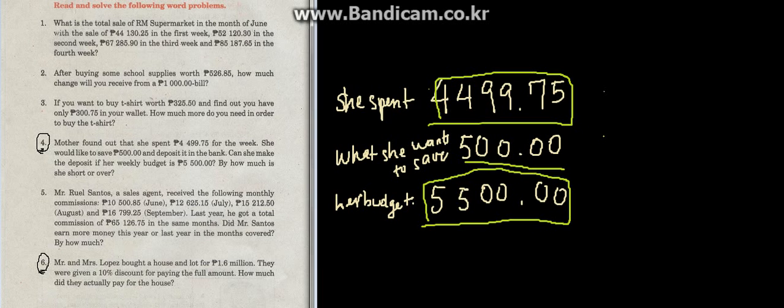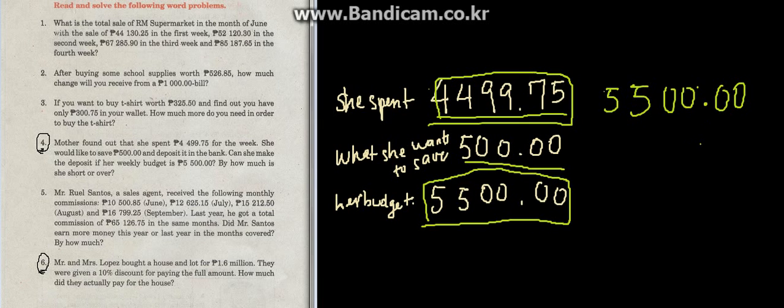So what we have to do first is to find out how much money she has right now, right? She got 5,500 in the beginning and she spent this much, so first we have to find out how much money she has left now.